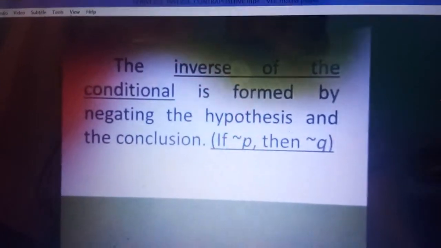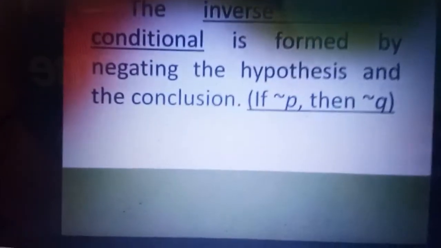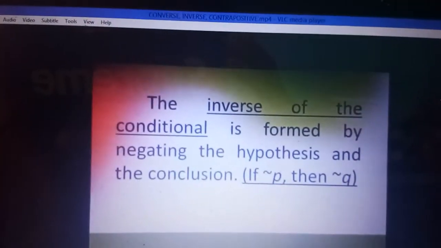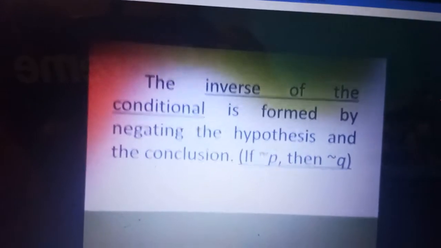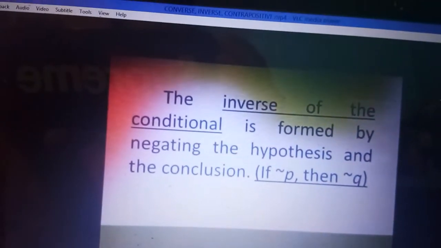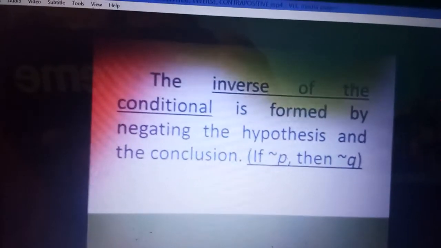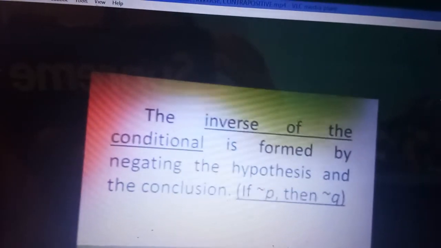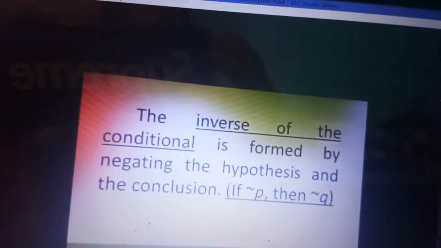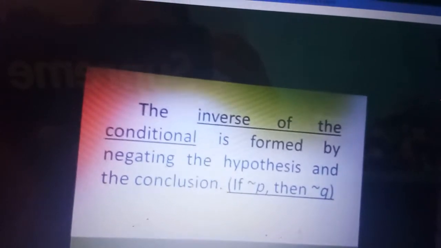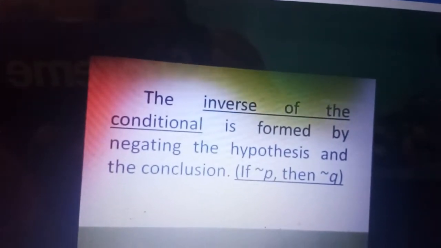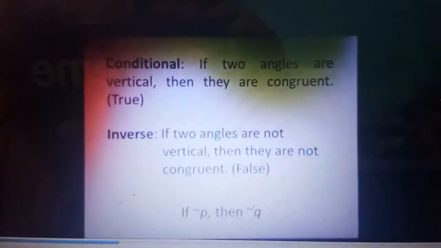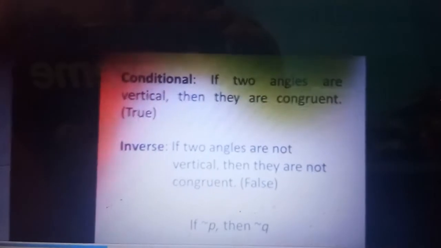Then we have the inverse of the conditional statement. It is formed by negating the hypothesis and the conclusion. So the form we have is if not P, then not Q. Again, our conditional: if two angles are vertical, then they are congruent.